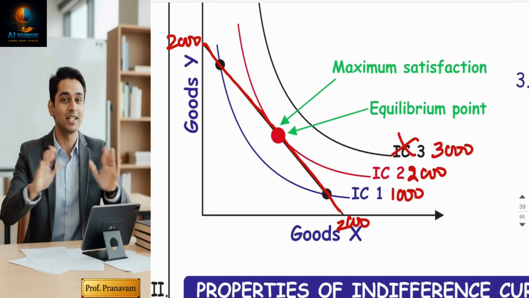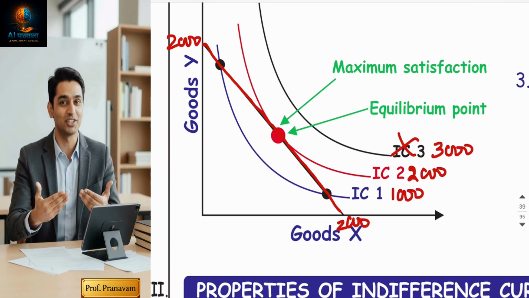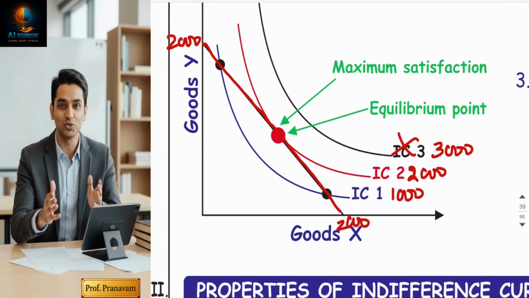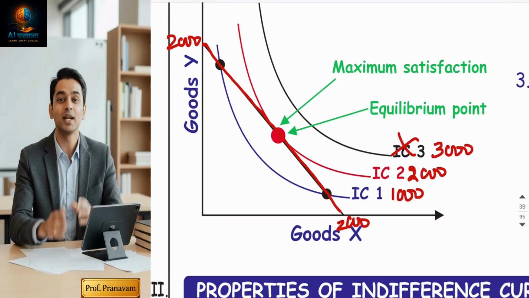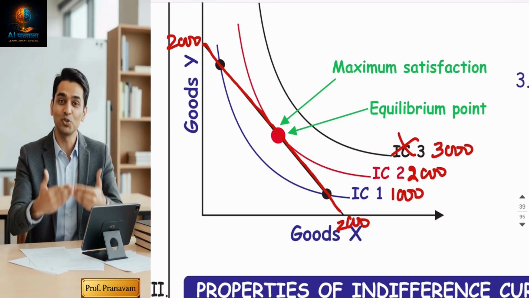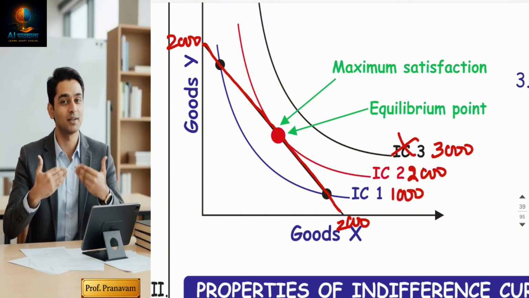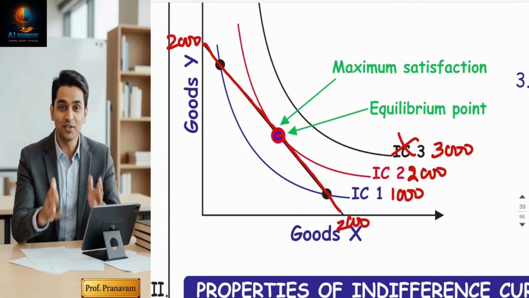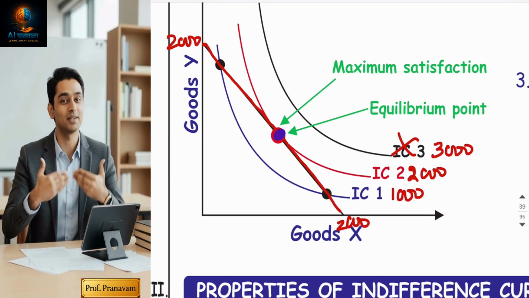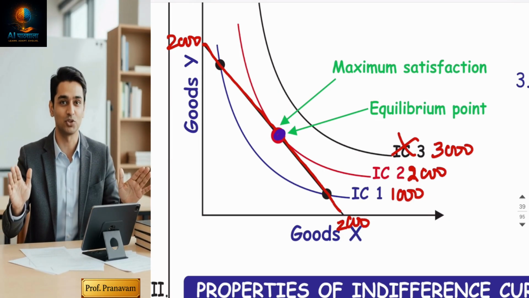Now, two combinations are left, IC2 and IC1. See, I can purchase combinations of IC1 and combinations of IC2 also, right? But which combination is going to give you satisfaction? IC2. The consumer will always purchase IC2. Why not IC1, sir? Because I have 2000 rupees with me.